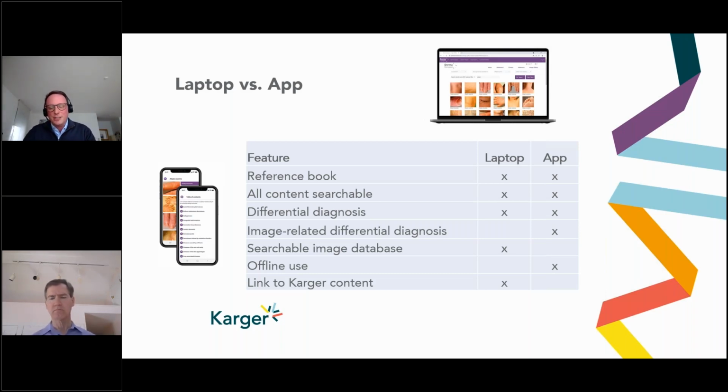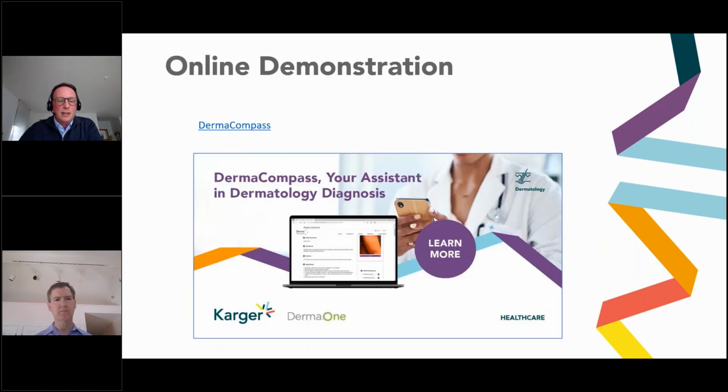I will show you that later on. You cannot use the web version offline. Of course, you have to be connected to the internet, and the app version can be used offline. In the web version, we have links to cargo content, so you can move forward if you want to. So let's move on to the online demonstration.